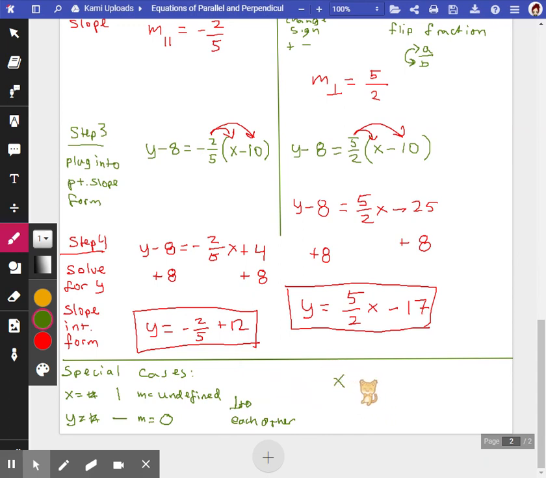So you're going to get x equals x1 or y equals y1. So if we were using that original coordinate, 10, 8, then it would be x equals 10, y equals 8. And so there we have equations of parallel and perpendicular lines.